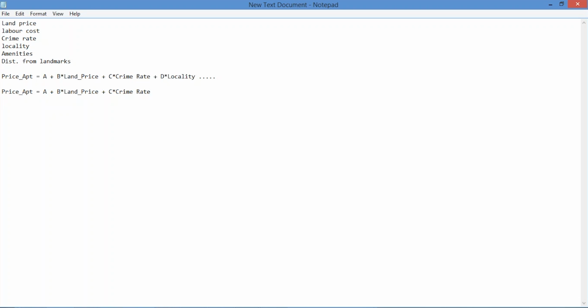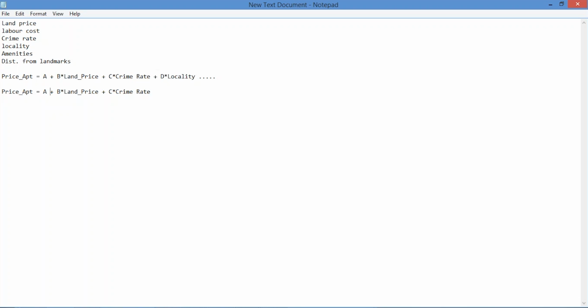So that's the next question: what are A, B, C here? The price of the apartment is the dependent variable. It depends on land price and on crime rate, correct? You may be wondering, what is B here? B is some kind of coefficient, you'll come to that, the coefficient into the land price, and C the coefficient into the crime rate.